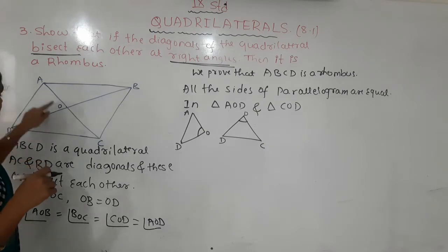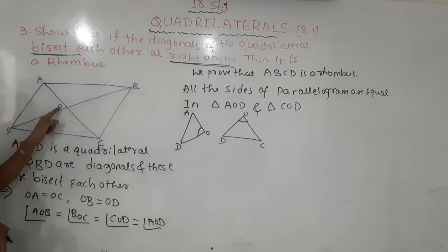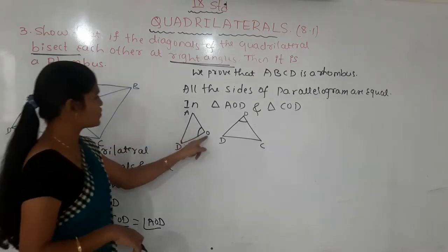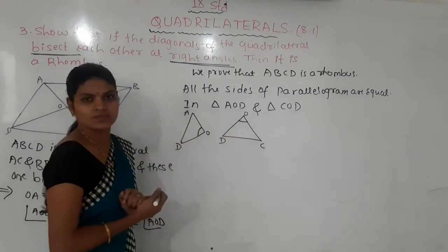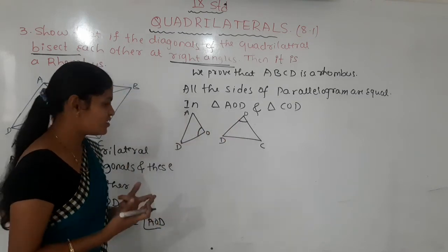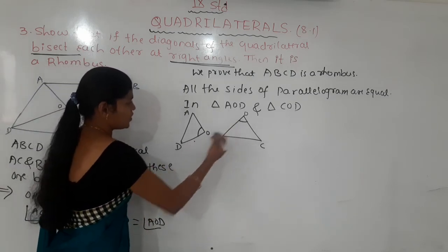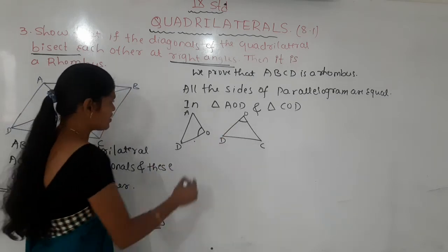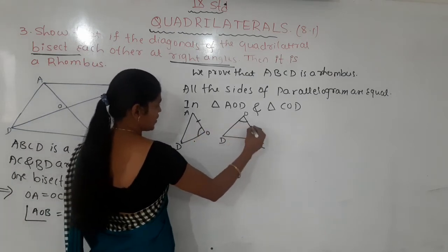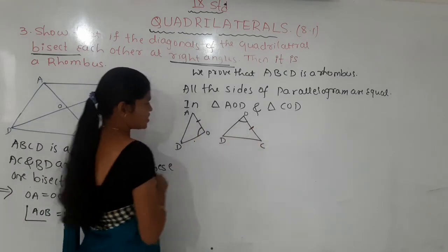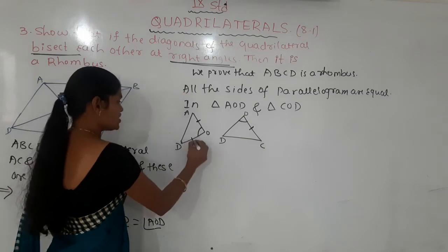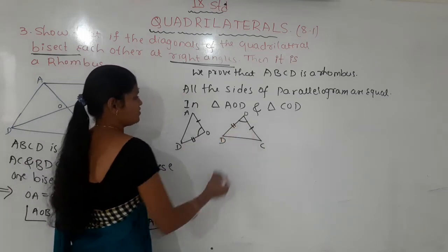OA is the same as OC. And one more thing, here also OD, here also OD. OA is the same as OC, and OD is a common arm to both the triangles.